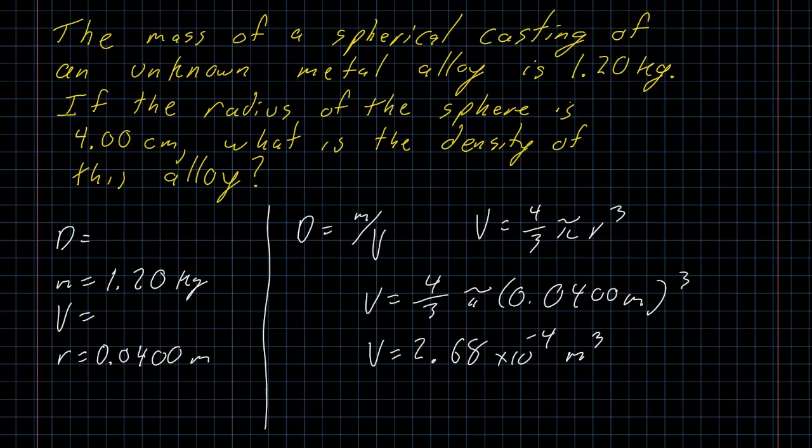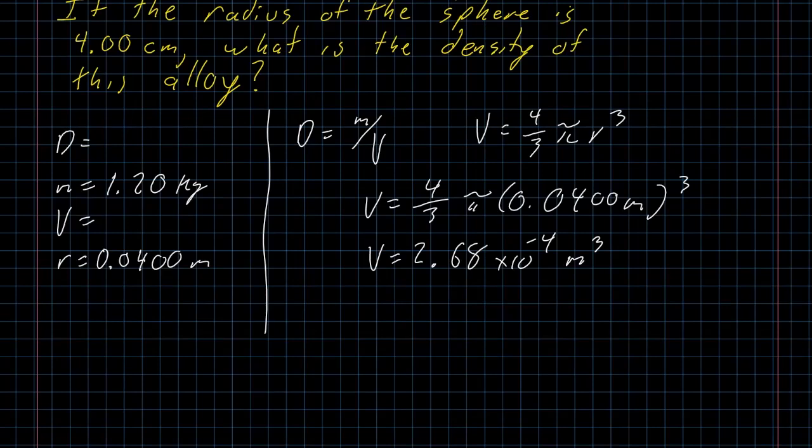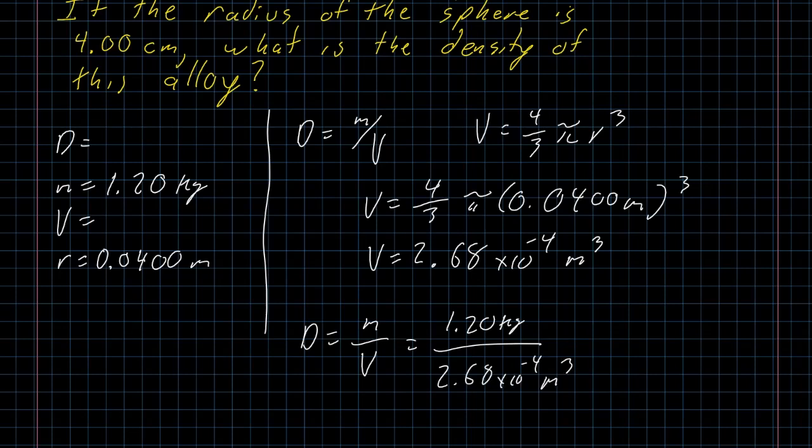Now that I have that volume, I can go to my other formula. Density is mass over volume. I know that my mass was 1.20 kilograms. I know that my volume was 2.68 times 10 to the negative 4 cubic meters.